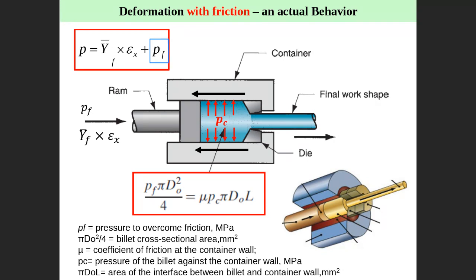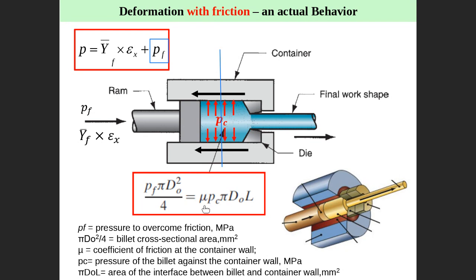This is a normal force in this direction. This force is applied here and here. If you multiply by mu, you get the friction force.